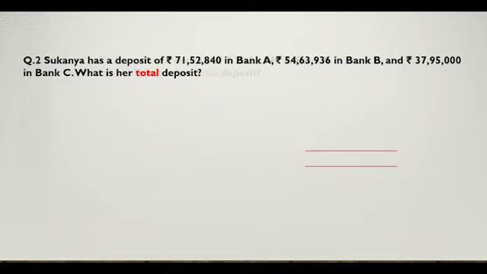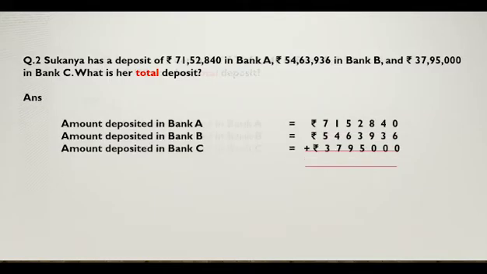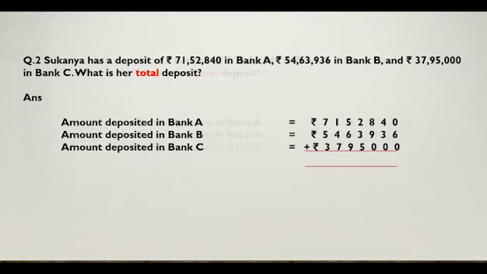Here also the word total is given, it means we have to add all the numbers to find her total deposit. Let's start writing the statement. Amount deposited in bank A is 71 lakh 52,840. Amount deposited in bank B is 54 lakh 63,936.